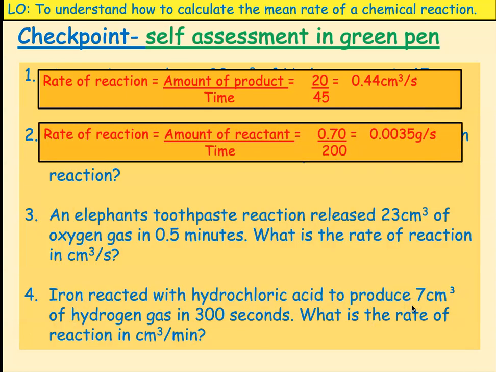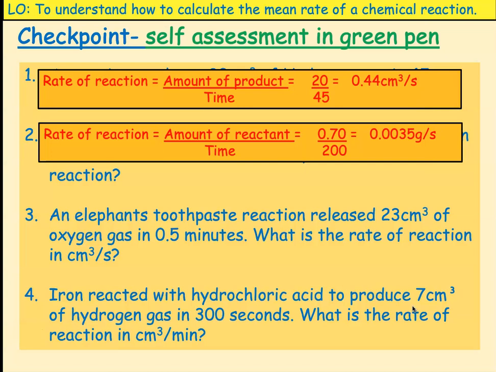So the rate of reaction is the amount of reactant divided by time. 0.7, which is the amount of reactant, divided by 200, which is the number of seconds, and that gives us 0.0035 grams per second.